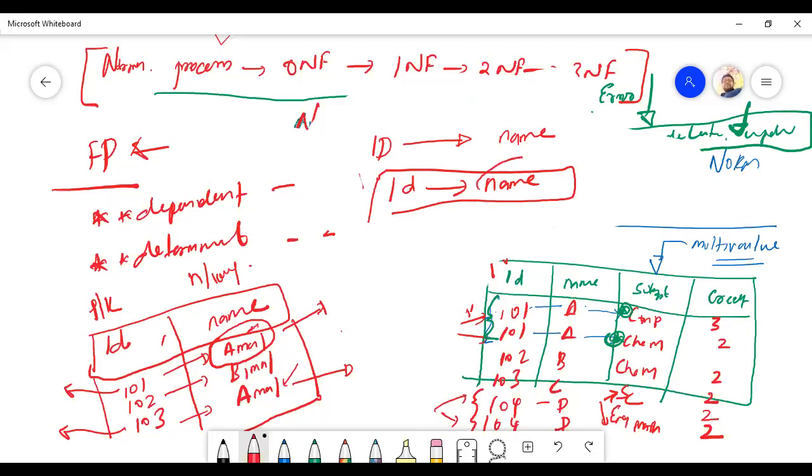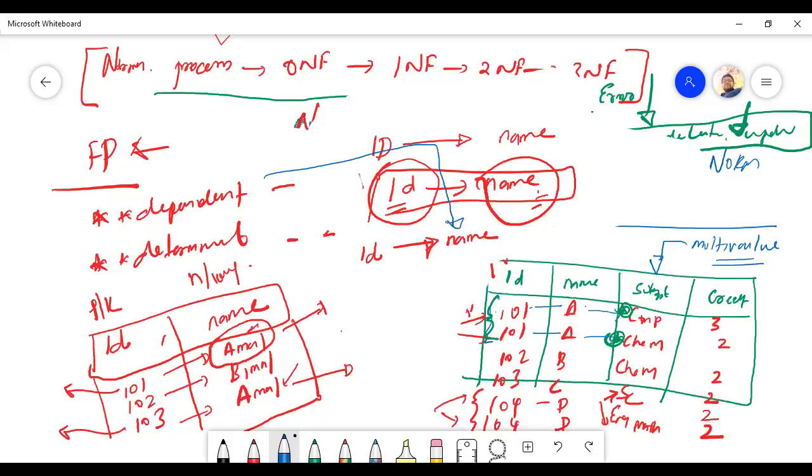The name is identified by the primary key ID. The name is identified by ID, right? So you can draw or write it like this: ID determines name. So we have two words, dependent and determinant. The name is depending on ID, the determinant.